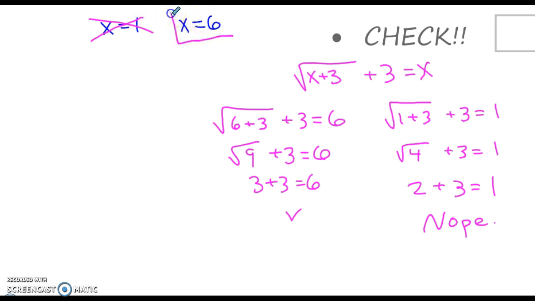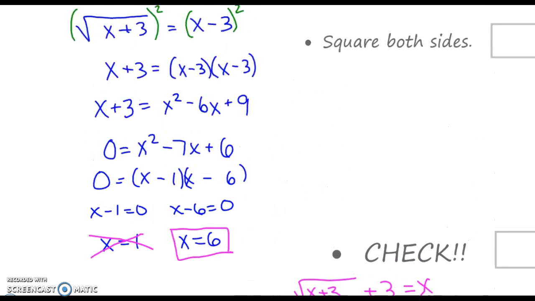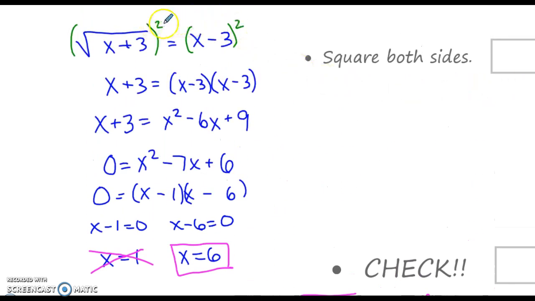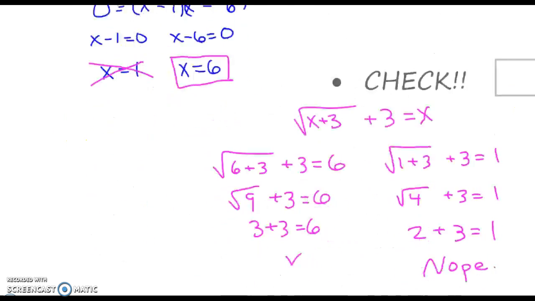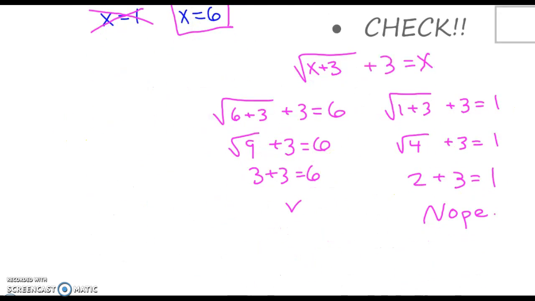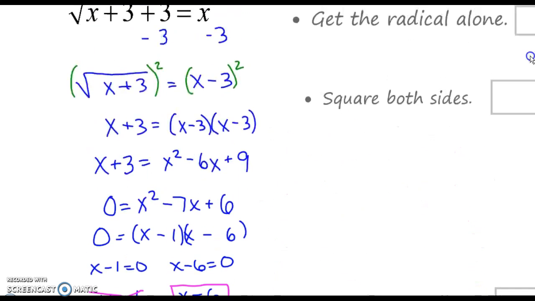But why did the math give us that as an answer? Well, it comes from a step we did earlier. When we squared both sides, we actually added in an extra answer. Because there are two different things that square to give you like a 6, right? It could be positive or negative.